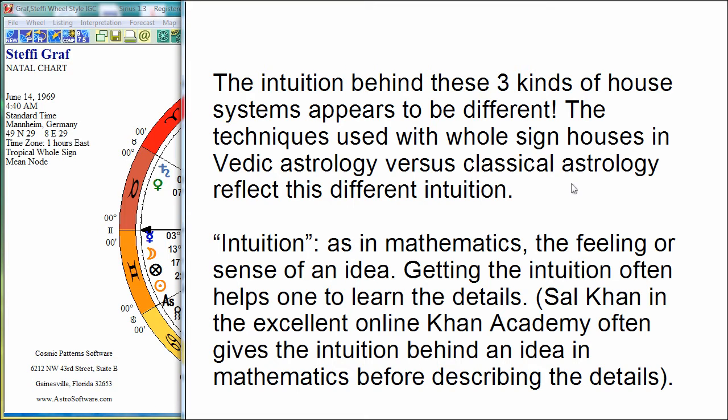Particularly Regiomontanus was used, and then when modern astrology picked up on the later classical tradition, it also used the quadrant houses. And some of the astrological methods and techniques used in the later classical period and then inherited in modern times reflect this emphasis on the quadrant house system.